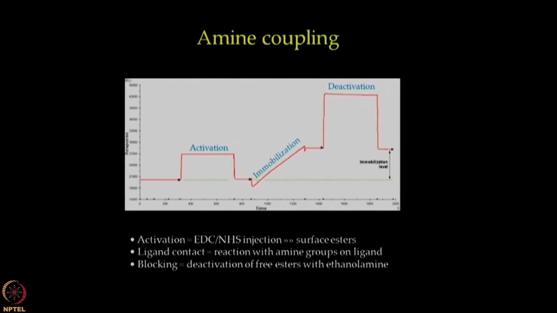The three major steps involved here are activation of the surface esters using EDC and NHS, covalent coupling of the ligand on the sensor chip using amine groups of the ligand, and deactivation of free esters with ethanolamine. We will analyze the results of anti-beta-2 microglobulin immobilization later in the lecture.